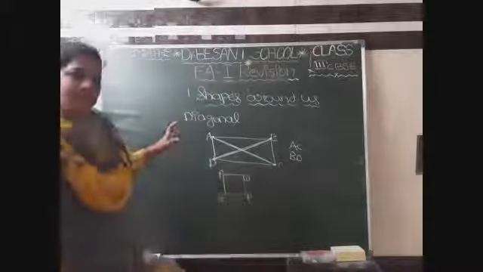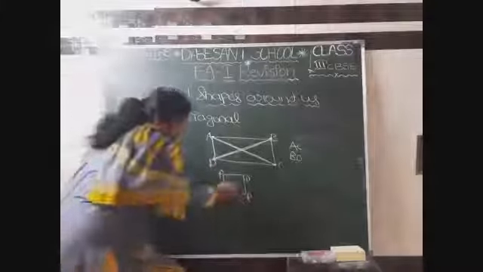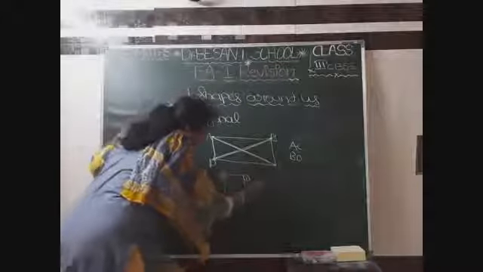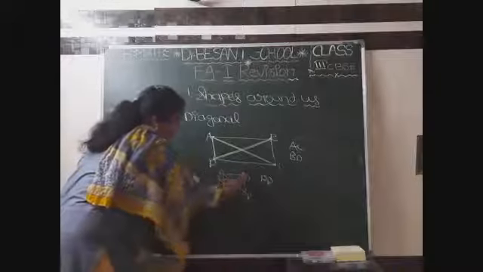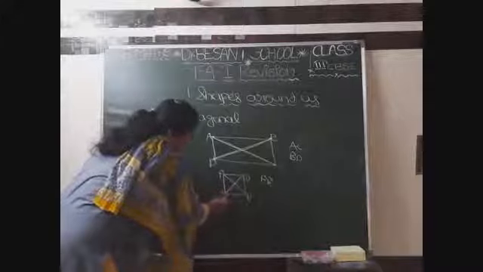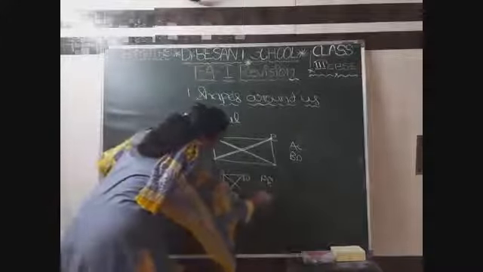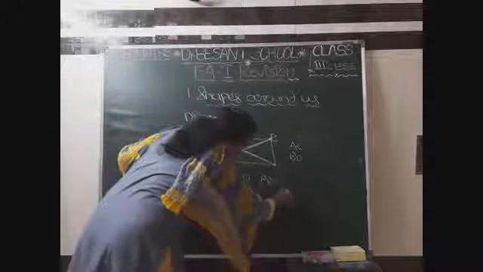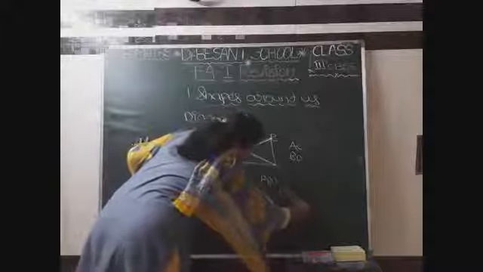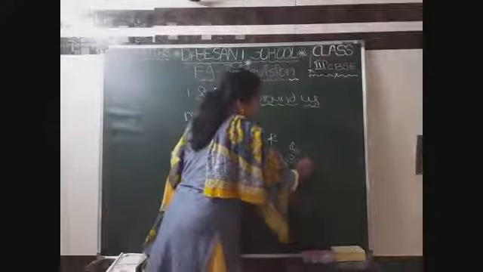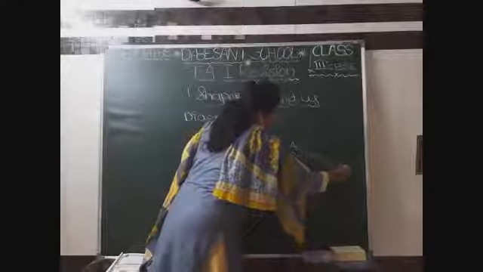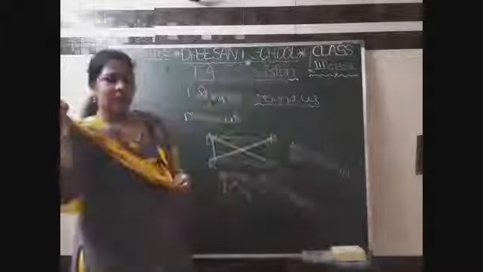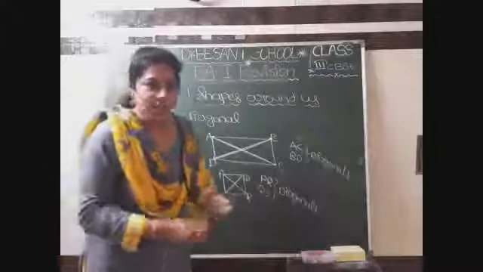What are the diagonals here, children? PR are opposite corners, so PR is one diagonal, and QS are opposite corners, that's why QS is another diagonal. These are called diagonals. Have you understood, children? Yeah.